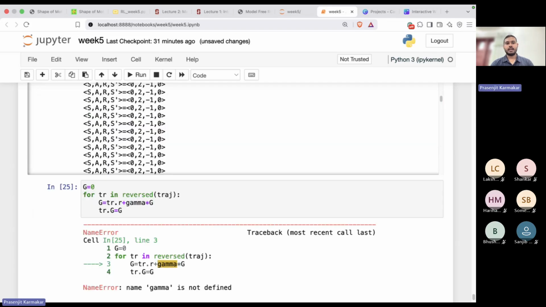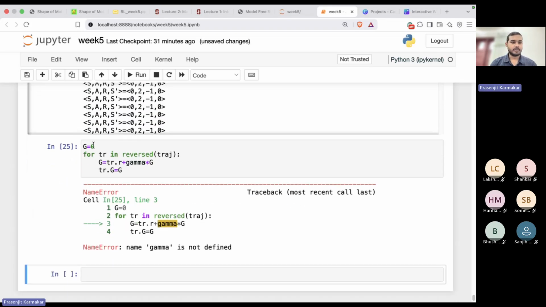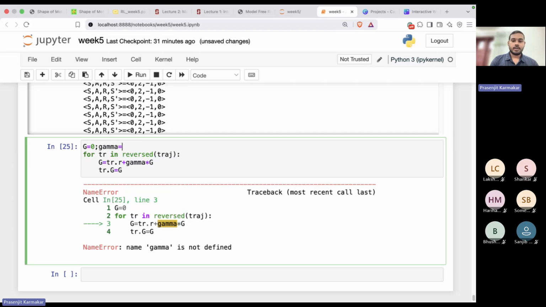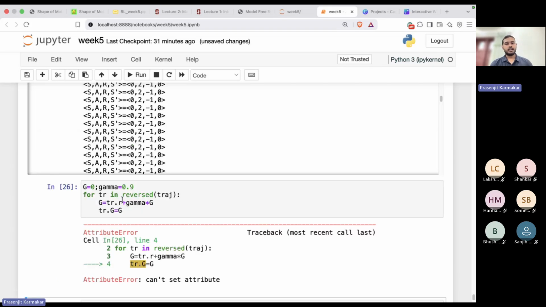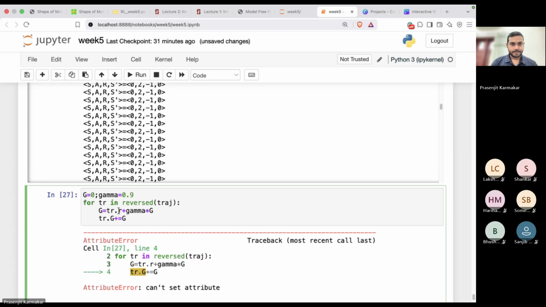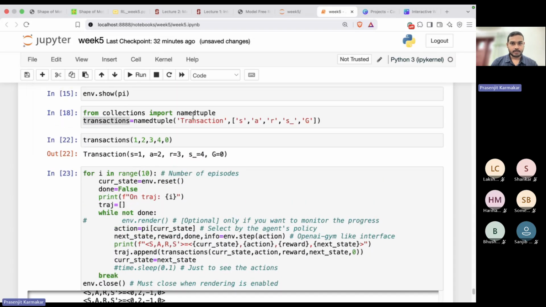Okay. If I run it, gamma is not defined anyway. Gamma equal to 0.9. If I run it, a G attribute cannot be set. So we cannot set it, but we can do a plus equals. Oh, it cannot be updated either. Named tuple cannot be updated. Wait.